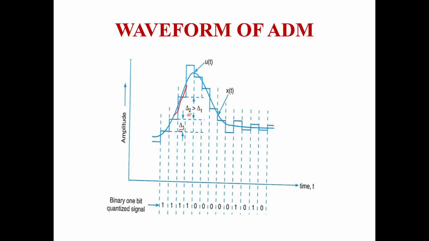Here the input signal is changing very slowly, hence the step size is reduced. So del 1 is the small step size, whereas del 2 is the large step size. The same concept applies here. When x of t is greater than u of t, 1 is transmitted. When x of t is less than u of t, 0 is transmitted.